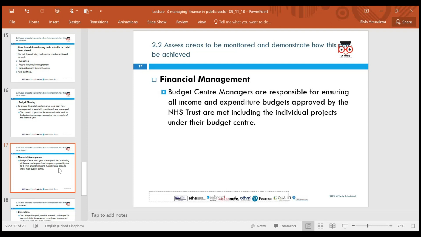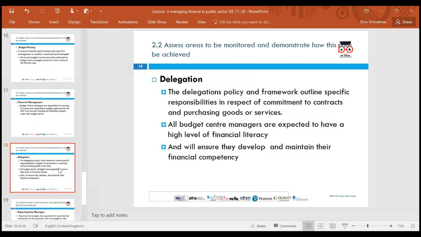We have the A&E, we have acute centers, different centers. So we have different budget centers with different managers. We can manage, monitor and control by making sure that such budget center managers are doing the right thing to ensure that all income and expenditures are approved by the trust. Let's look at the next slide.